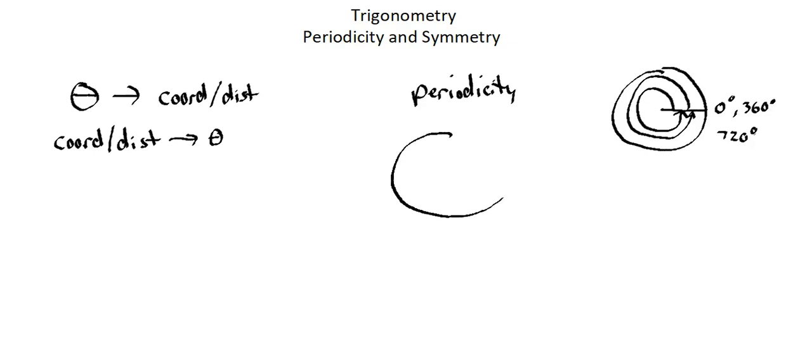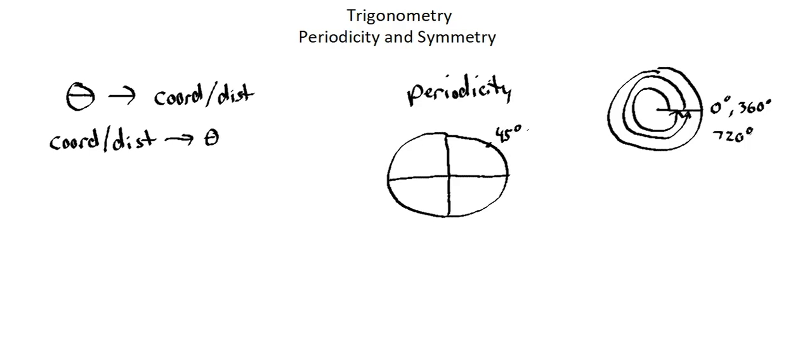If I create a circle, and in the circle I find a coordinate that is, in this case, 45 degrees, and the coordinates in cosine and sine for 45 degrees are root 2 over 2, root 2 over 2.